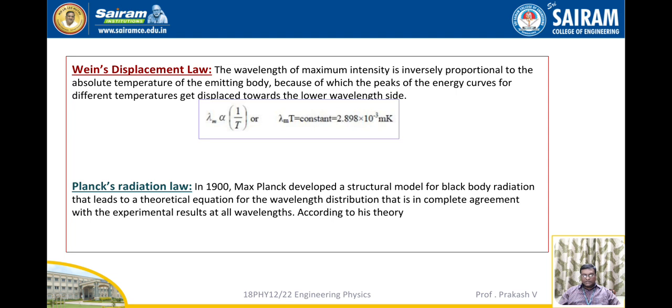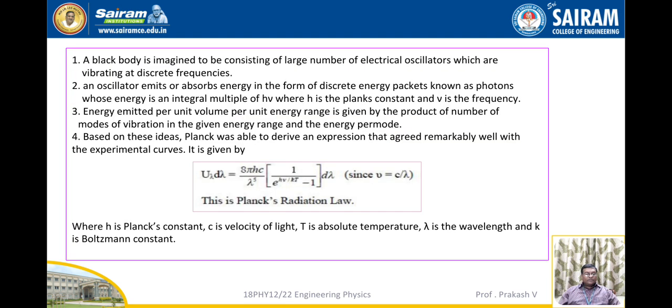According to his theory, the first point is that a black body is imagined to consist of a large number of electrical oscillators which are vibrating at discrete frequencies. The second point is that an oscillator emits or absorbs energy in the form of discrete energy packets known as photons, whose energy is an integral multiple of h nu, where h is Planck's constant and nu is the frequency.